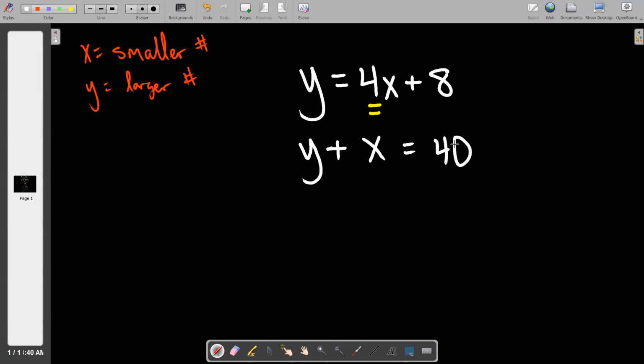And again, I think it's interesting that both of you spotted the words 4 times and put 4 here. But in the second sentence, when it said the larger is increased by, what does it say it's increased by? Not the smaller, 4 times the smaller. So I shouldn't have put X here. What should I have put there? 4 times the smaller, right?